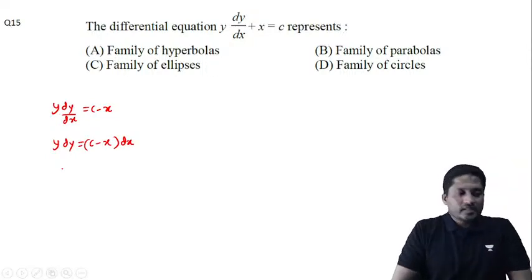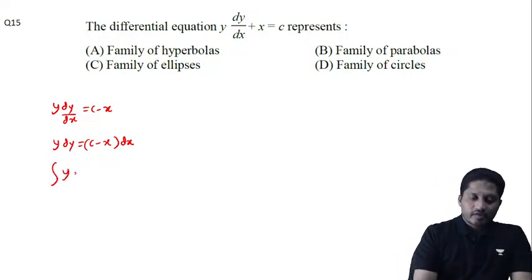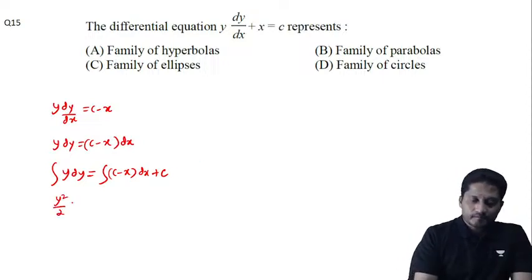Now if I integrate this, integration of y dy is equal to integration of (c minus x) dx plus c. Integration of y dy is y square by 2, integration of x is x square by 2, coefficient of x is minus, and this is plus c.